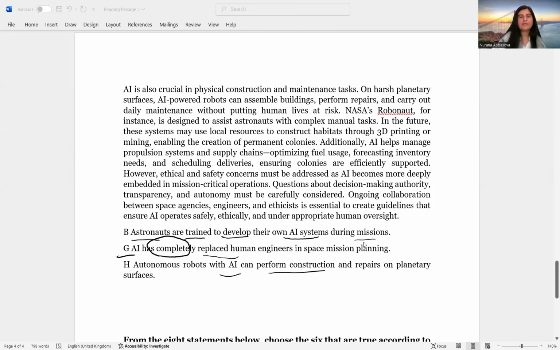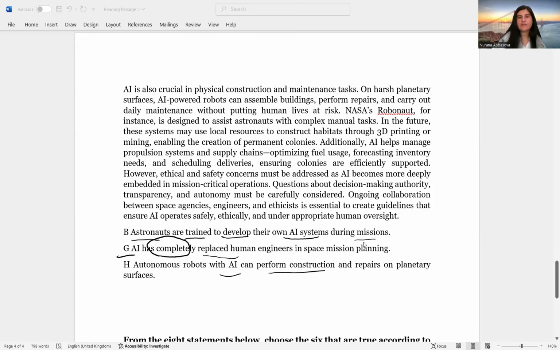In the future, these systems may use local resources to construct habitats through 3D printing or mining, enabling the creation of permanent colonies. Additionally, AI helps manage propulsion systems and supply chain, optimizing fuel usage, forecasting inventory needs, and scheduling deliveries, ensuring colonies are efficiently supported.